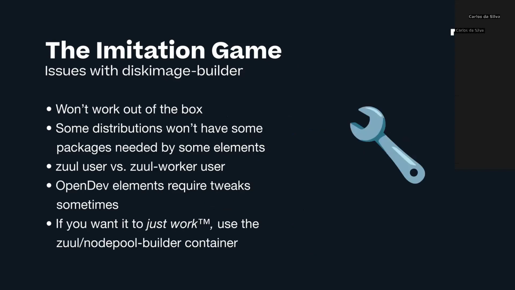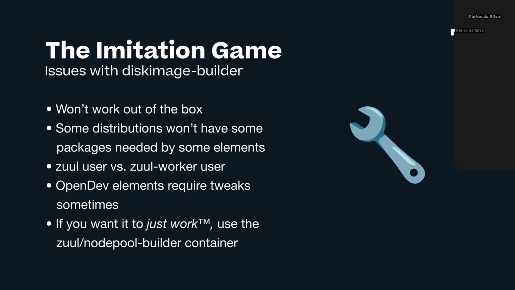So yeah, some of the issues we had was that this just didn't work out of the box for us at all, because we were using Software Factory on CentOS, and one example was that we wanted to build Ubuntu images using the Ubuntu minimal element.